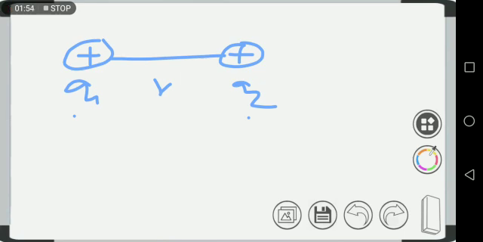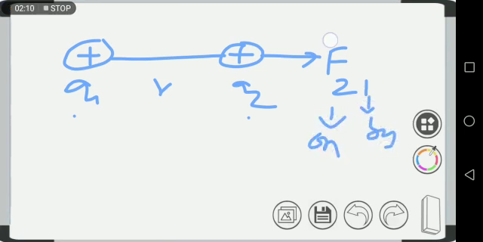So q1 is repelling q2 in this direction, and this force is written as F on charge 2 by charge 1, so we write F21, and this is the direction of this force by charge q1 on q2.